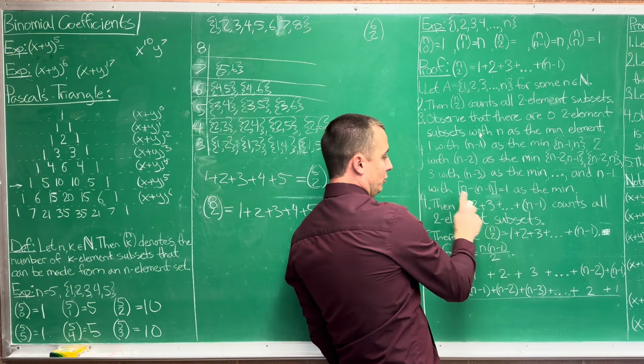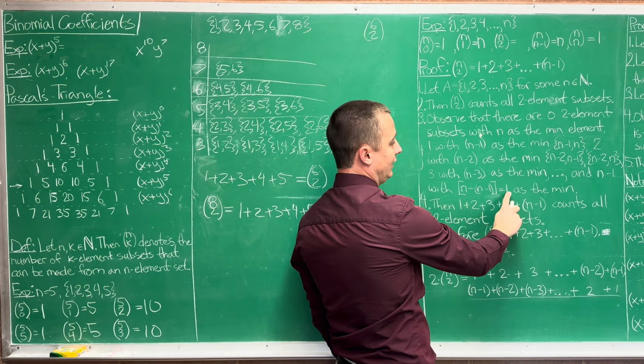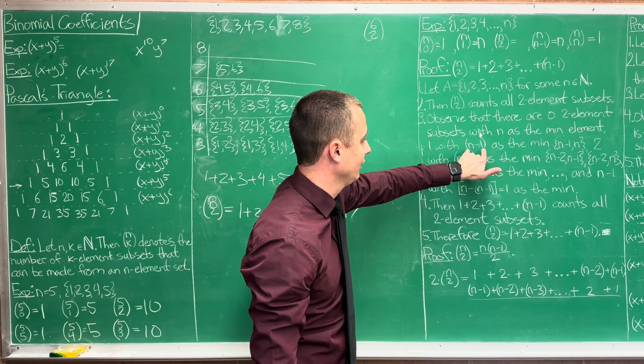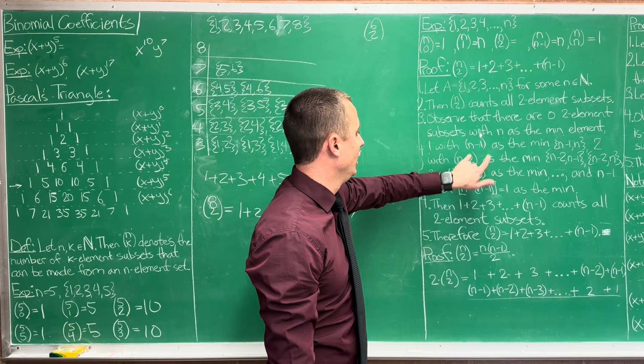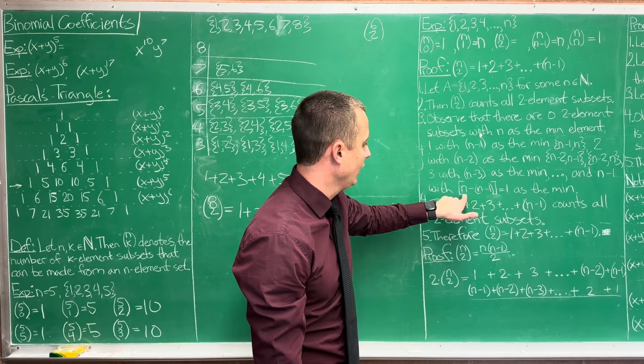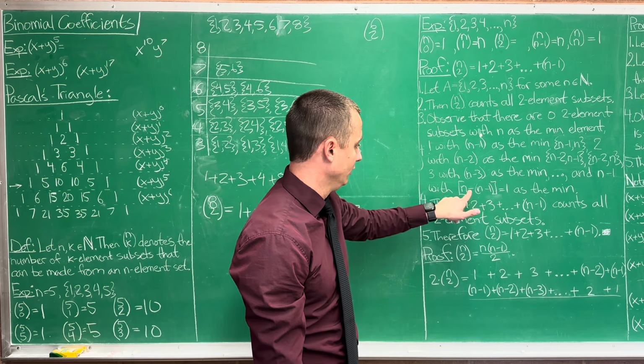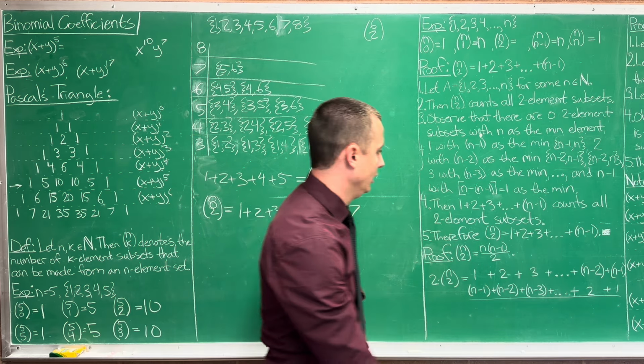And n minus 1 with n minus (n minus 1), which is equal to 1, as the minimum element, just following the exact same pattern. So minus 1, minus 2, minus 3, minus (n minus 1), which is just 1. Distribute the negative and you get a 1.